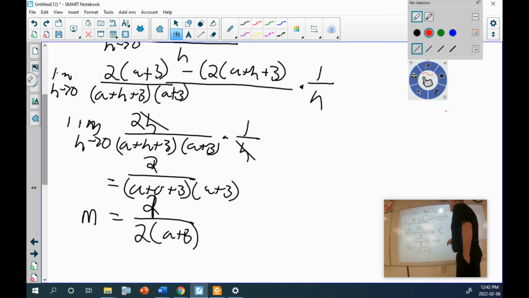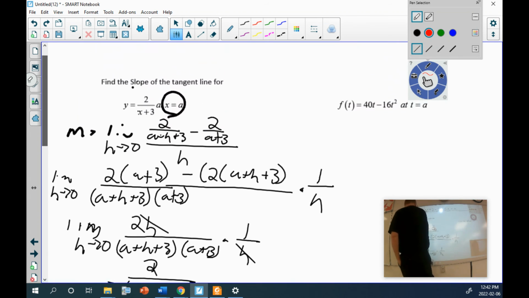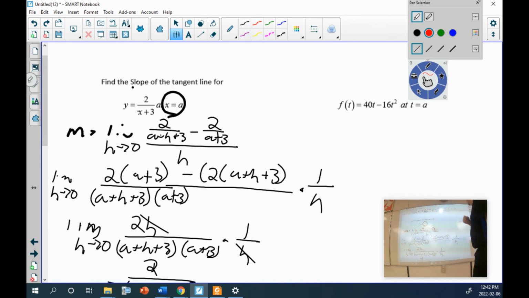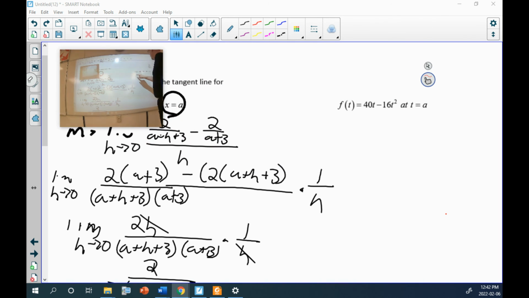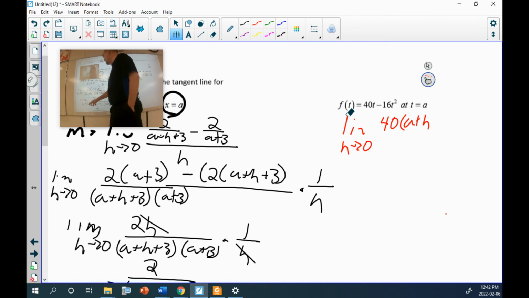Now, this next one, not that bad. Again, we're just going to have to do some work. So we have the limit as h approaches 0 of 40 times a plus h. I'm going to go to a different page because I'm running out of room.